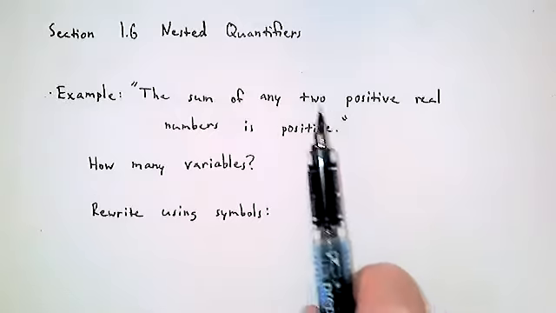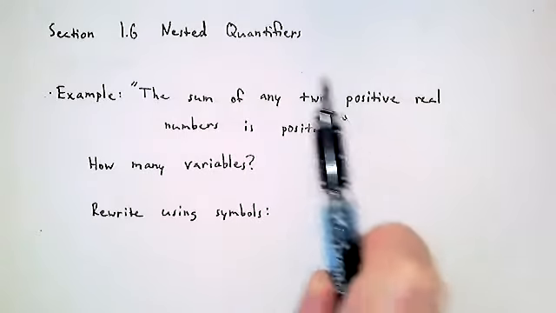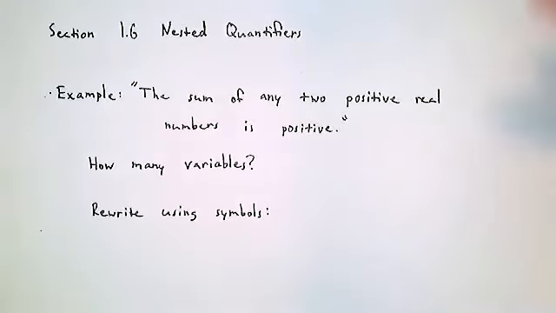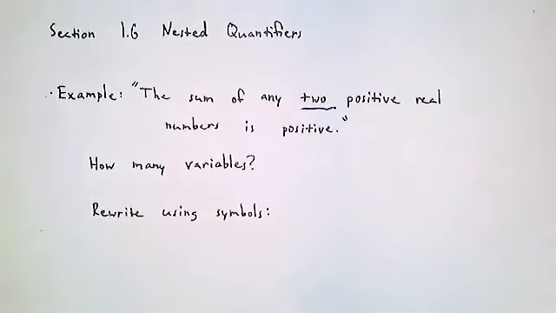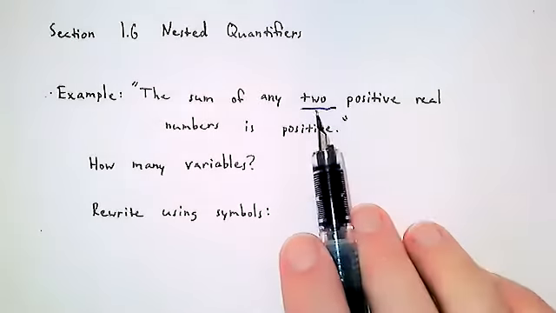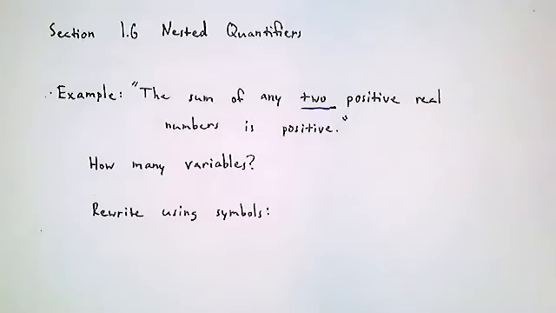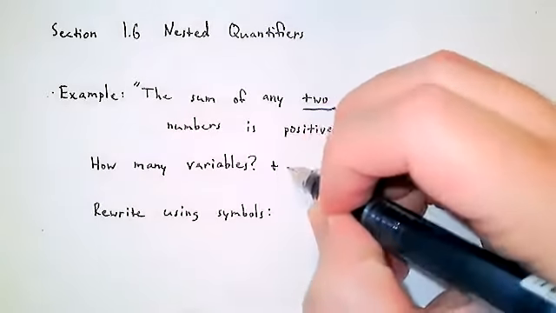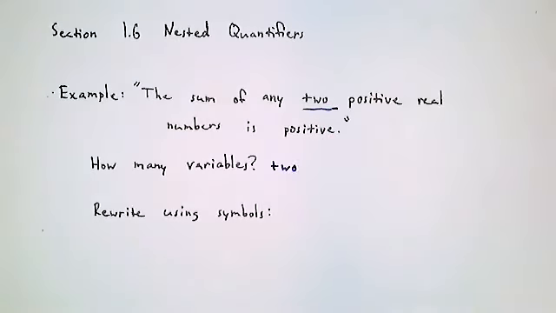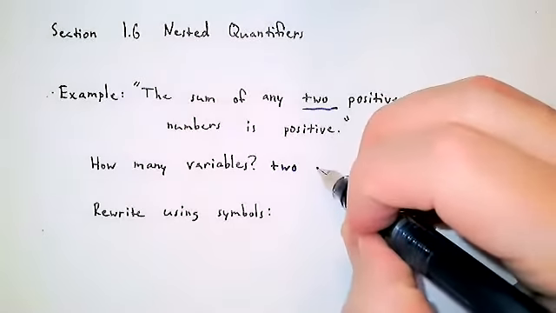So how many different things is this sentence talking about? Well, it tells you. You don't have to guess. We're talking about two positive real numbers. So we actually have two variables this time, instead of a single variable like we had in our propositional functions in 1.5.